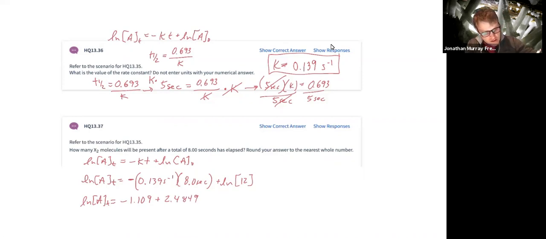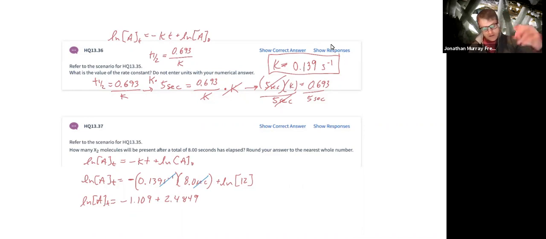If we take a quick look, seconds cancel out here. And whenever we're taking natural logs, there are no units associated with that. So yes, there should be a molarity associated with 12, but whenever we do a natural log, we do not have units associated with that number. The final answer should be concentration, molarity, even though we don't include units in that calculation.